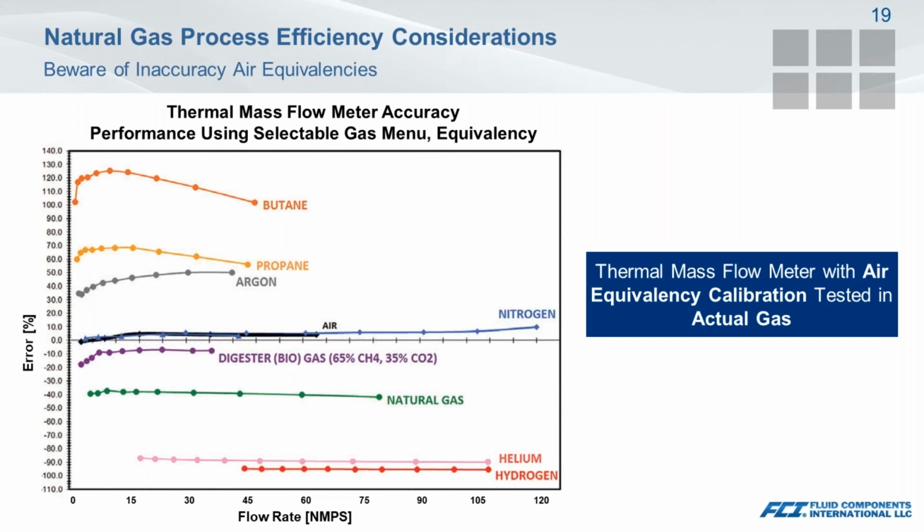Here's an example just to give you an idea of what the differences might be based on these thermophysical properties. If you look on the left hand of the screen, the error percentage is shown for different gases compared to an air baseline. And in this case, we're looking at natural gas versus air.